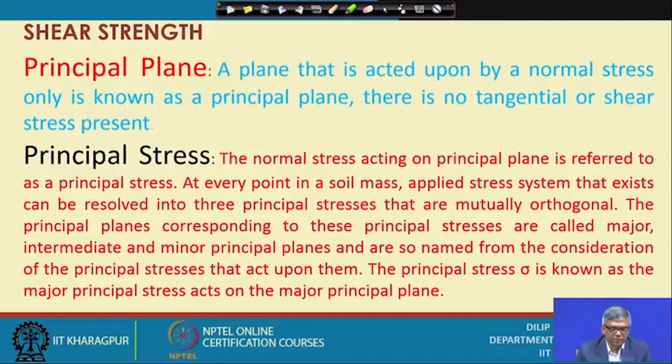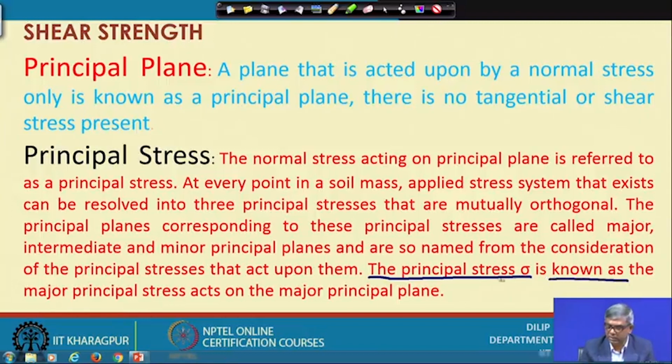The major, intermediate and minor planes are so named from the consideration of the principal stresses that act upon them. That means the larger stress acts on the major plane, the smaller one on the minor plane, and the intermediate one on the intermediate plane. The major principal stress sigma 1 acts on the major principal plane.